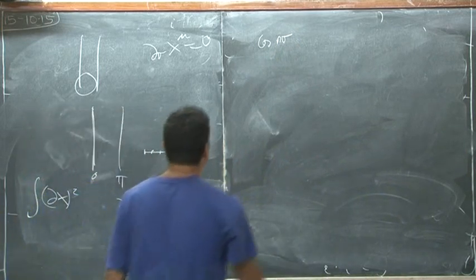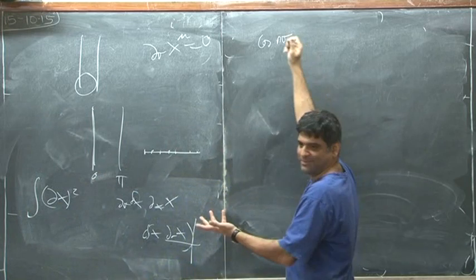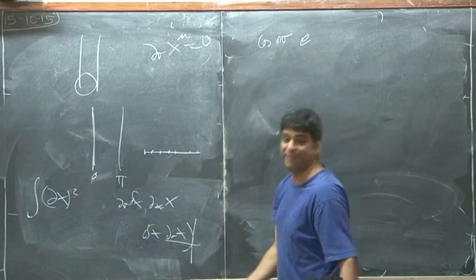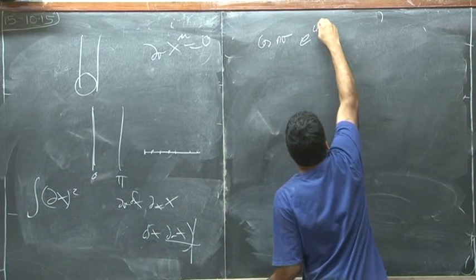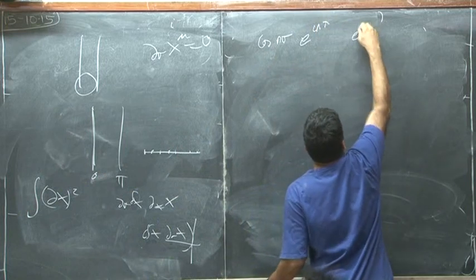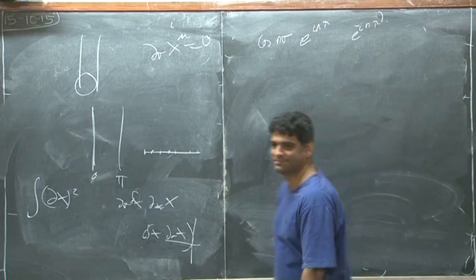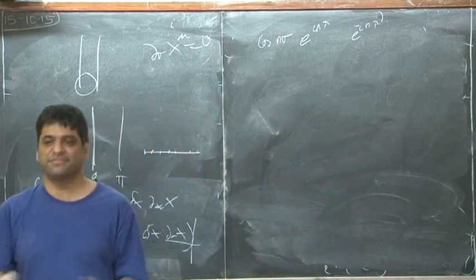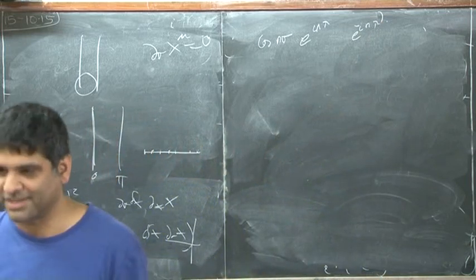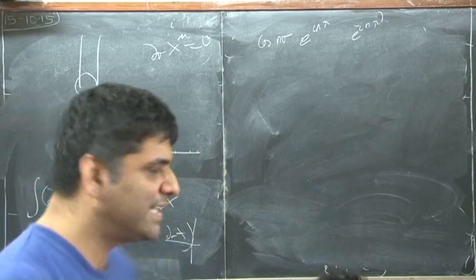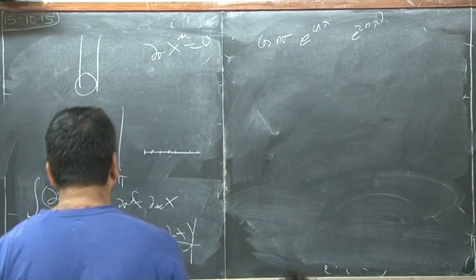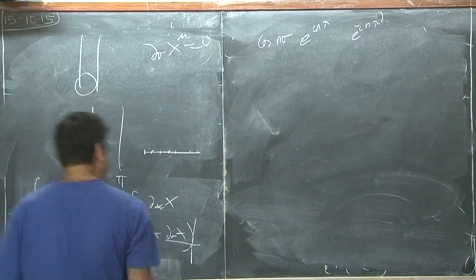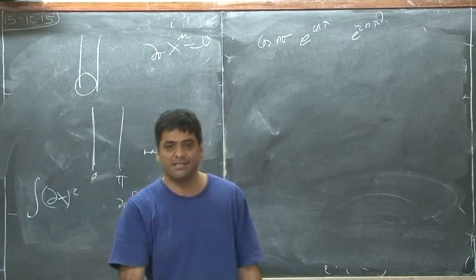Okay? So cos n sigma, and then when you actually solve the equation of motion, there'll be two types of time dependencies here: e to the power i n tau and e to the power minus i n tau. So the full set of solutions to the classical equation of open string theory are cos n sigma with an e to the power i n tau, or cos n sigma with an e to the power minus i n tau.